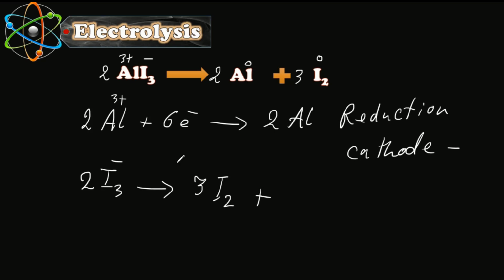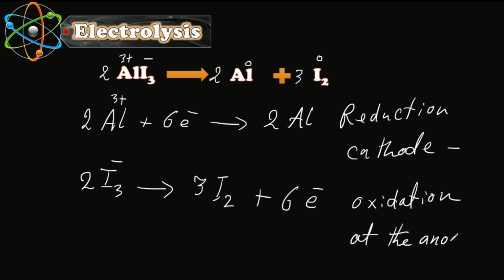Every atom will lose 1. We have 3 times 2, 6. So overall it will lose 6 electrons. Now this is oxidation. It happens at the anode. And the anode, because it's positive, will attract the negative.